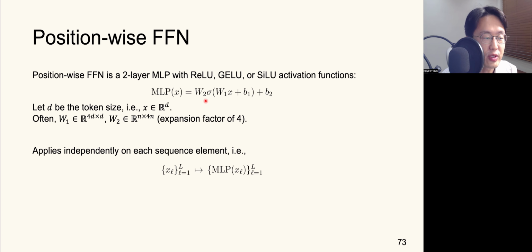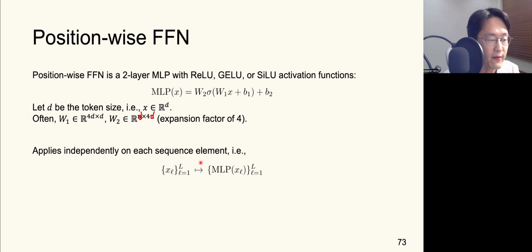In terms of the dimensions, if at each token position you have a d-dimensional vector, then the first linear layer expands the dimension by a factor of 4. So W1 will be a matrix of dimension D by 4D, such that the output of this linear layer has dimension 4 times D. You apply the nonlinearity, then the second linear layer reduces the dimension back down by a factor of 4, so that we return to the same dimension D after the MLP, the FFN, is applied.